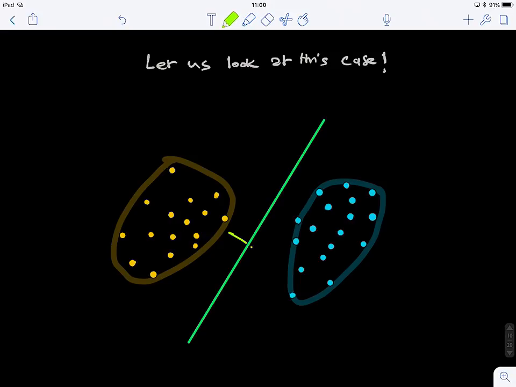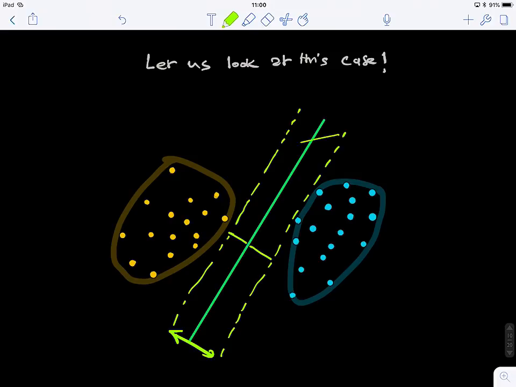So I want them to be far away. I don't want them to be close to this zone. So I want to maximize the margin, the space between them. So this is another idea: I don't want just to classify or separate, I want to separate them well, like I want them to be far away, within a margin here.